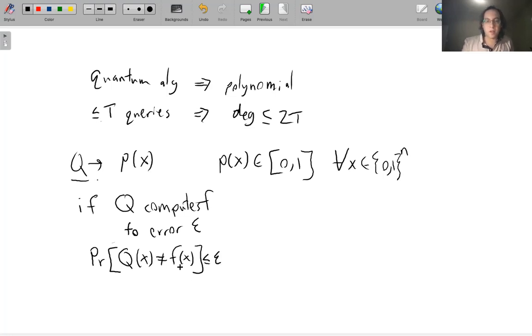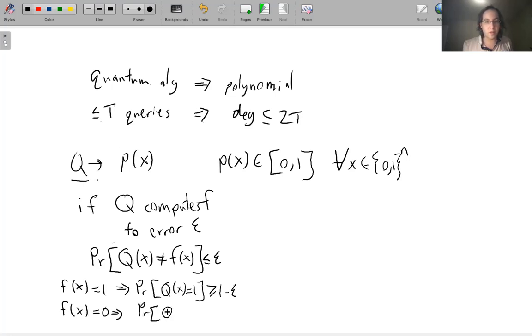If this happens, then we know that if F of x is 1, then the probability that Q of x equals 1 is at least 1 minus epsilon. And if F of x equals 0, then the probability that Q of x equals 1 is at most epsilon.